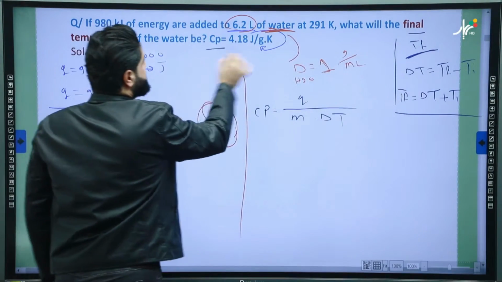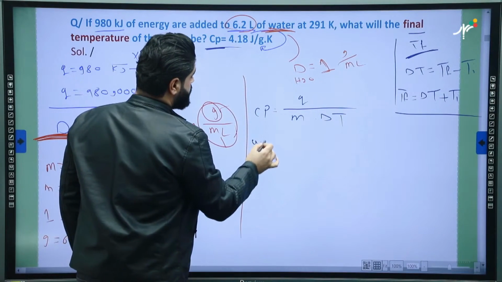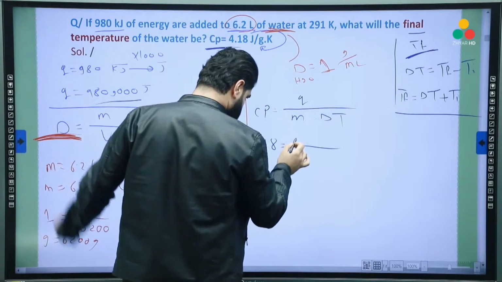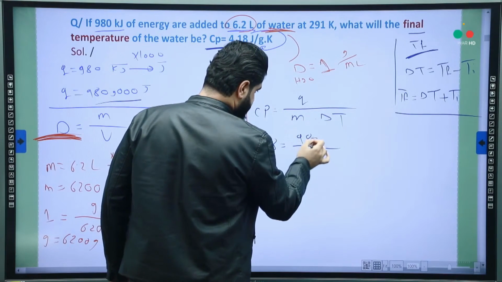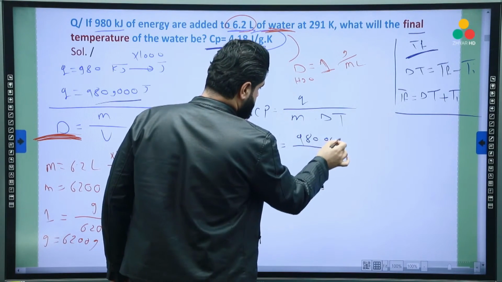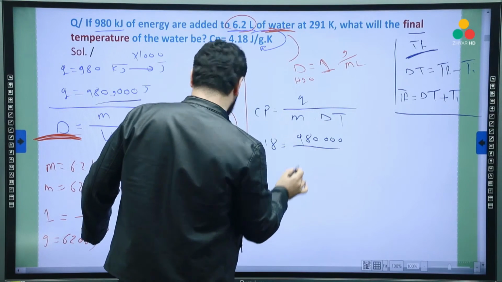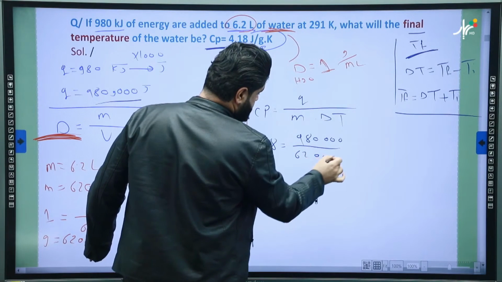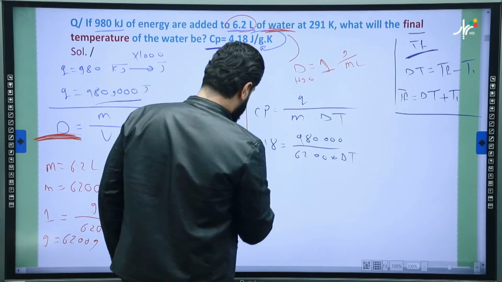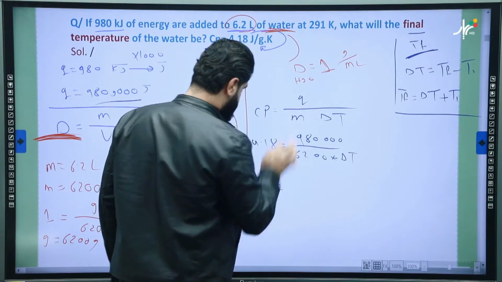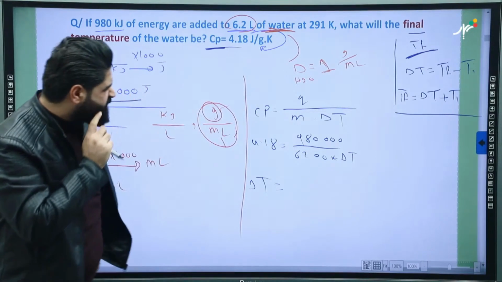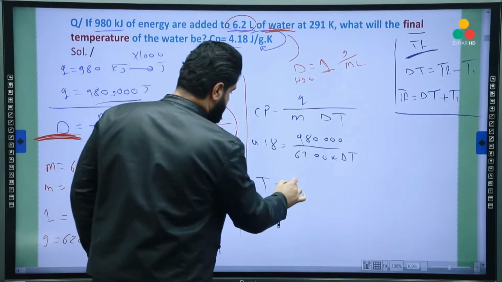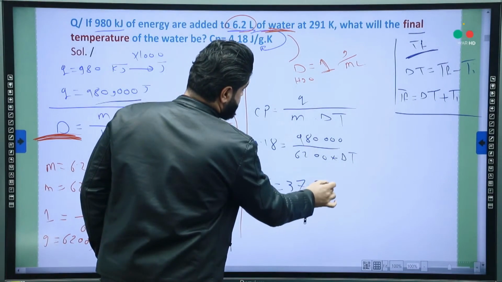Let's introduce Cp. Cp equals 4.18 equals Q, 980,000, over M, 6,200, times delta T. So delta T equals, I think, 37.8. Let me check the result. Yeah, 37.8 Kelvin.